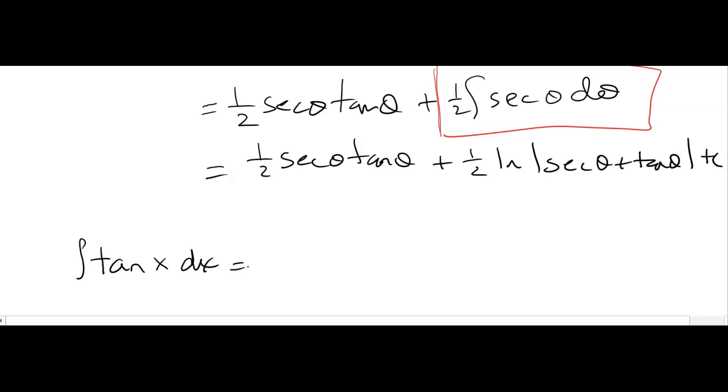When you turn tan x into sine and cosine, you end up getting basically 1 over u. When you integrate 1 over u, you get ln. So it actually is the negative natural log of cosine x plus c.